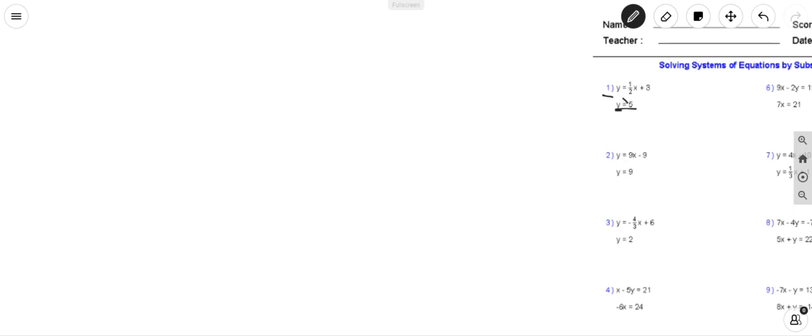So since we know y equals 5, we can just take 5 and plug it in the place of y. The equation would look like this for the top.